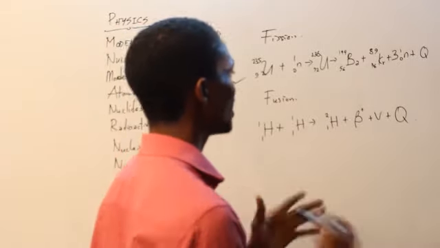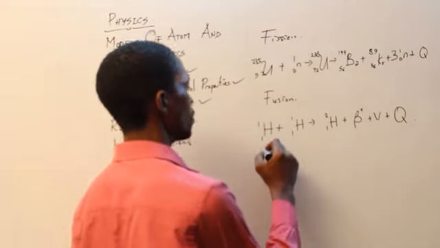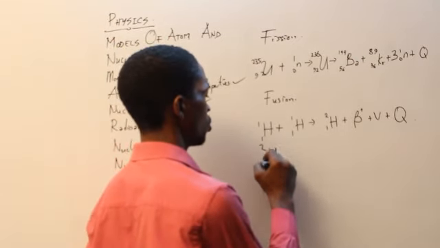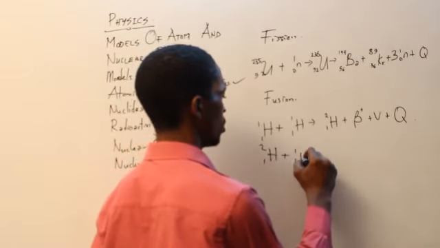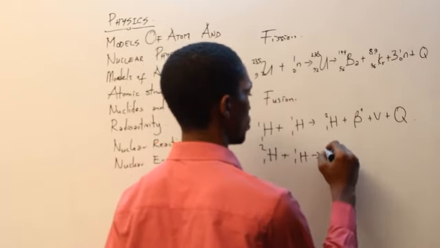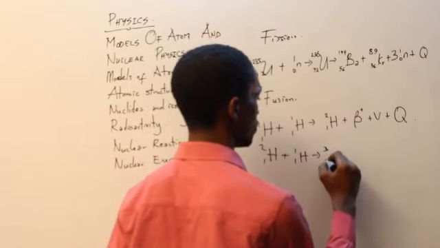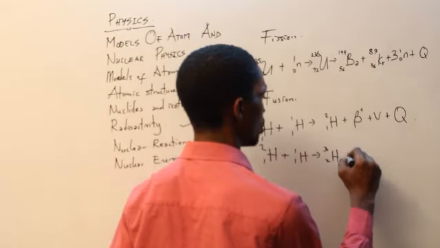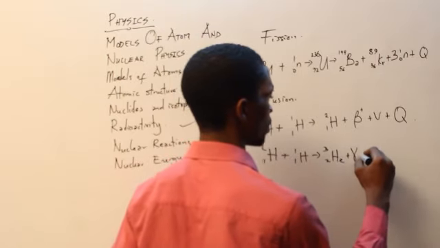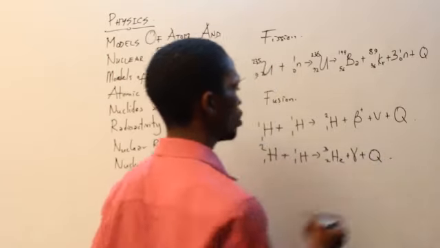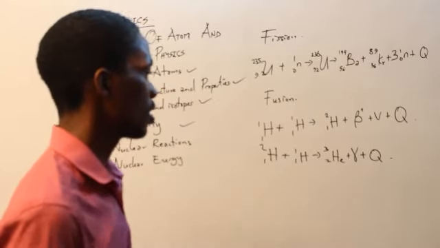This one is you adding up. So when you add up in the next level, that's H-2,1 plus H-1,1. It will give an isotope of helium and give us a gamma radiation and also a large amount of heat.